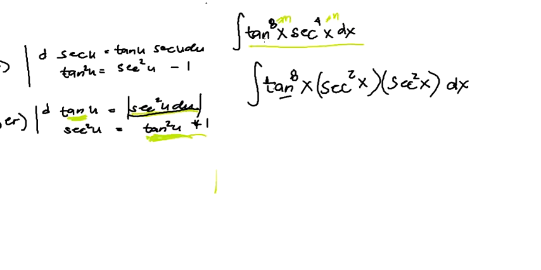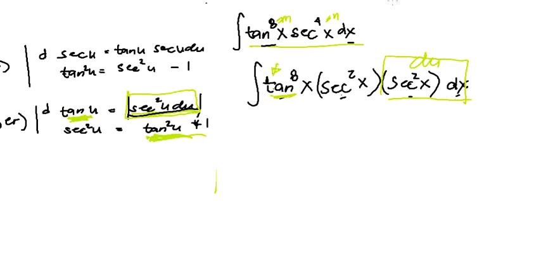We have tangent x raised to 8, and secant squared x times secant squared x, which is secant fourth x, and then dx. Since this is now the derivative of tangent, the derivative of tangent is secant squared u du.